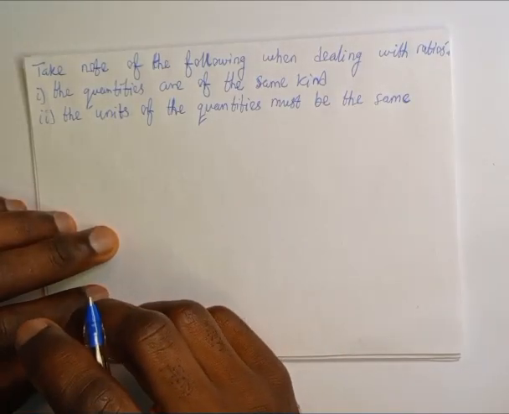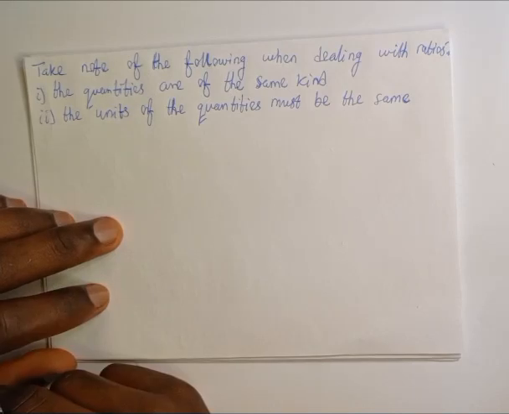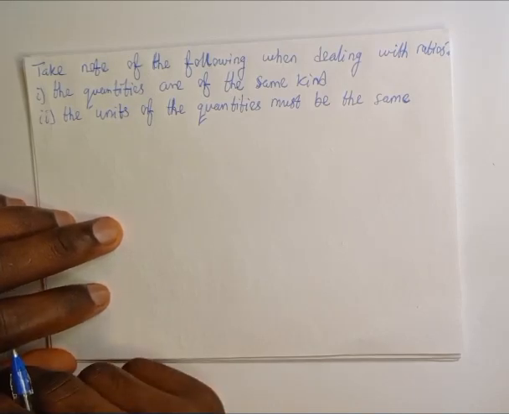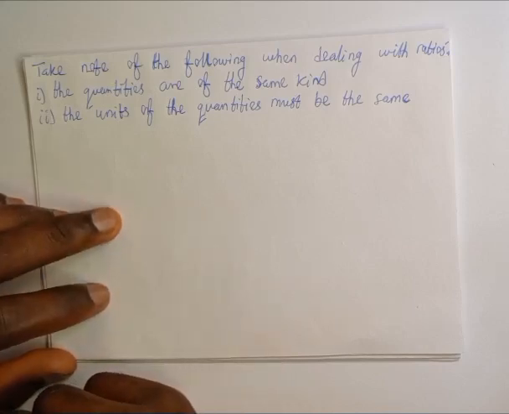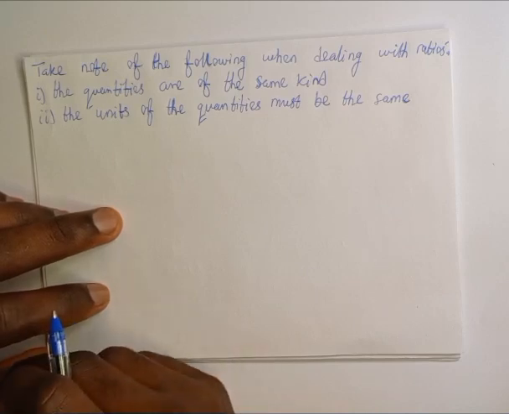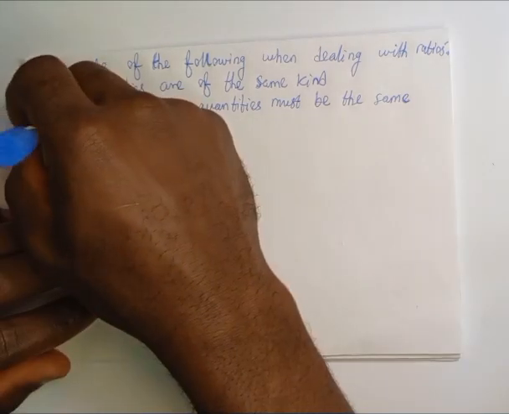For example, we can take a ratio of distance, of which the first component can be given in centimeters and the second component in kilometers. So for us to easily compare them, we are going to make the units the same, either by changing from centimeters to kilometers or from kilometers to centimeters.